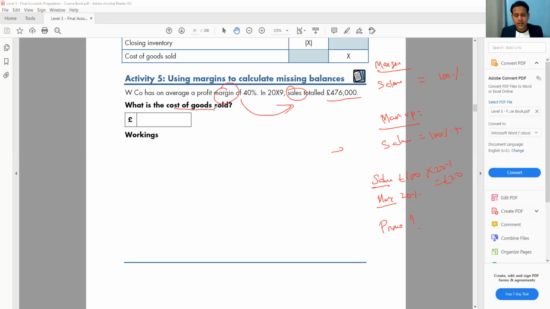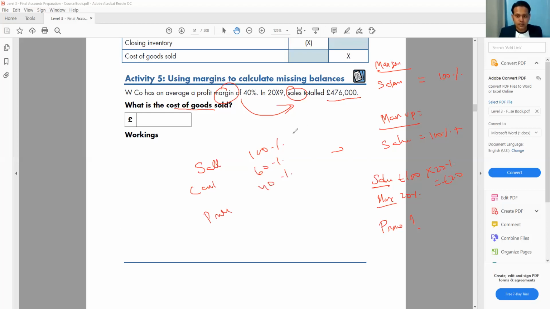So you already know that is very easy. Margin is 100%, so we said sales will be 100%. The profit is 40%, so cost will be 60%. That's very simple.